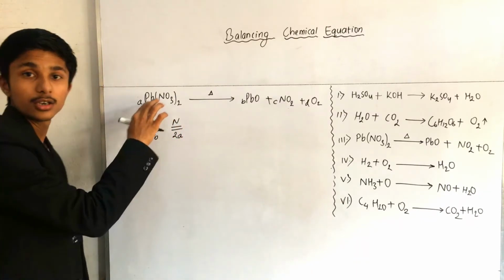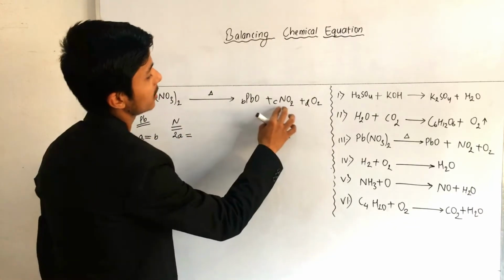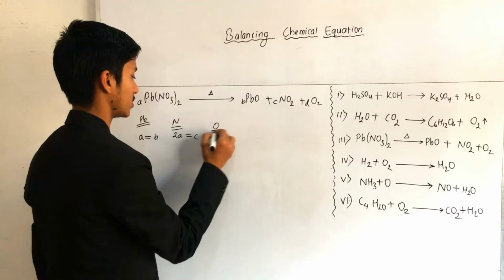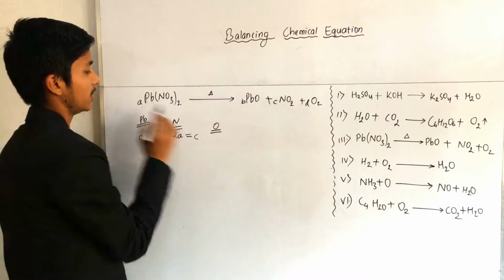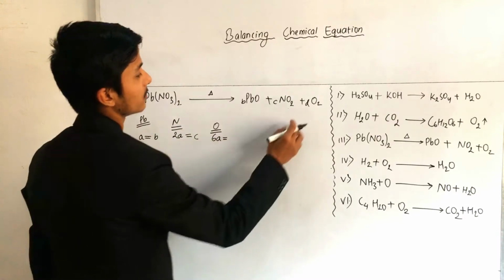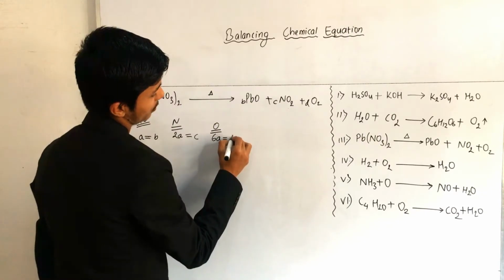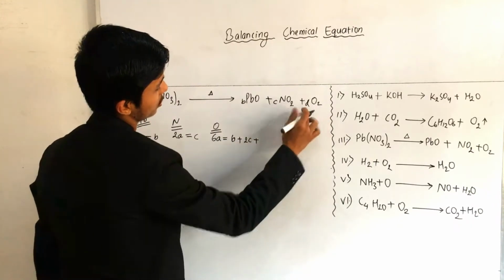Here this side 2A N, and this side we have C, only C. Here we write for oxygen. How many oxygen? 3 into 2, 6A. 6A is equal to this side how many? B plus 2C plus this 2D.